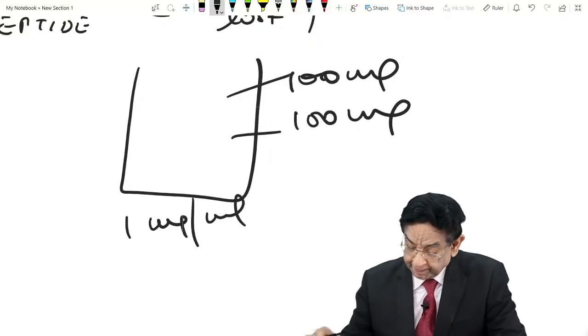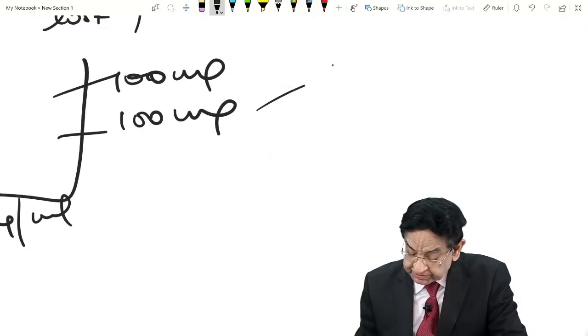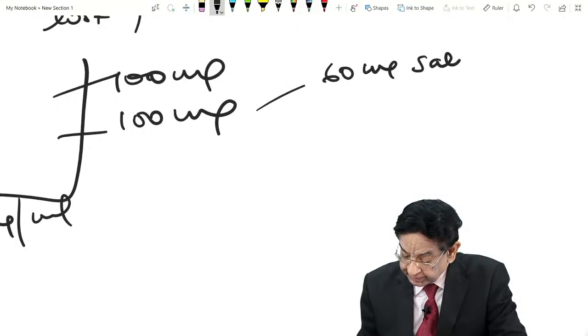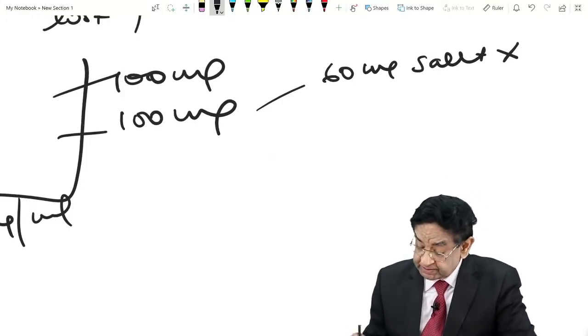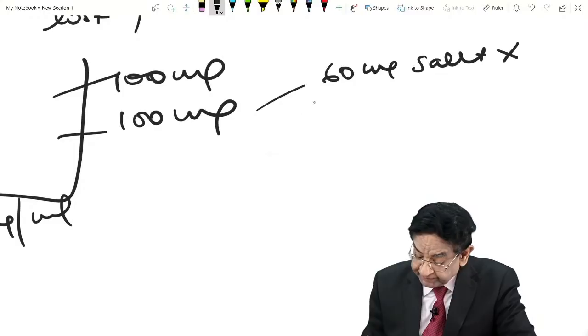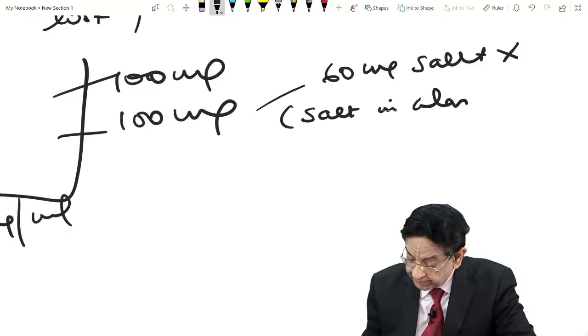Now in this glass, I remove about 60 milligram of salt. How much salt is left? Salt in the glass is now 40 milligram.